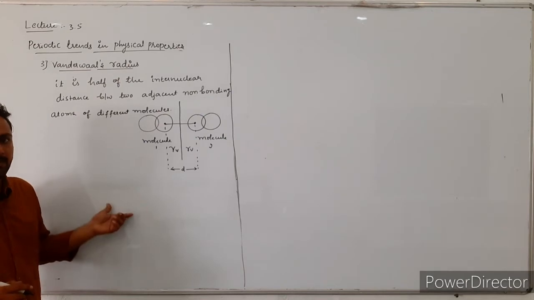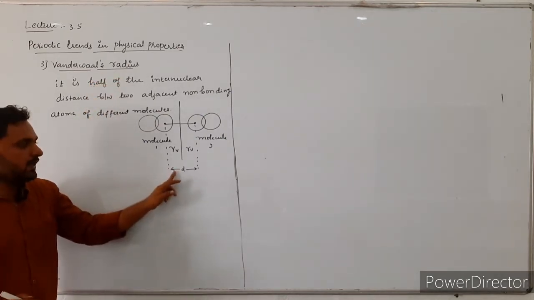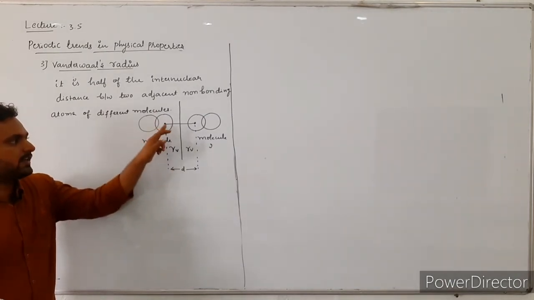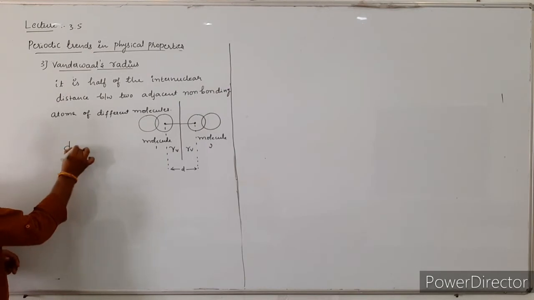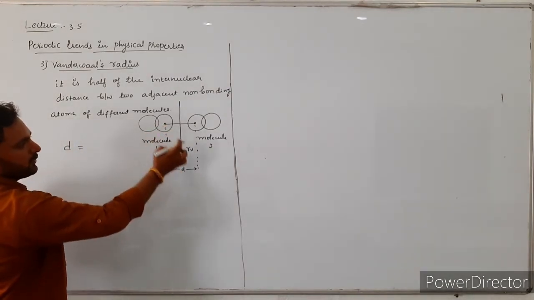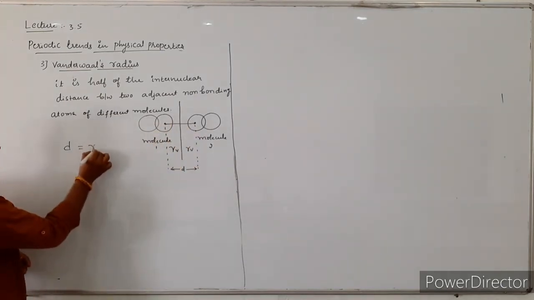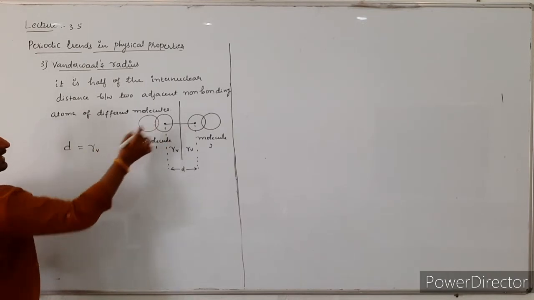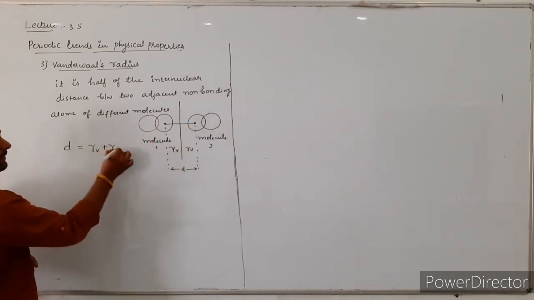The mathematical expression for van der Waals radius: the internuclear distance between two adjacent non-bonding atoms is equal to the sum of van der Waals radius of this atom and van der Waals radius of another atom.